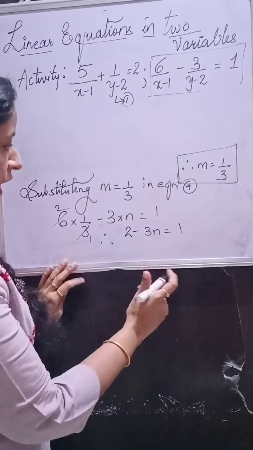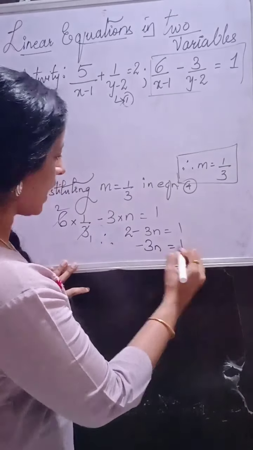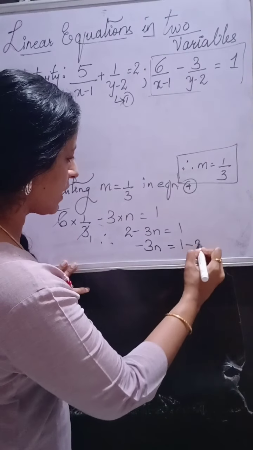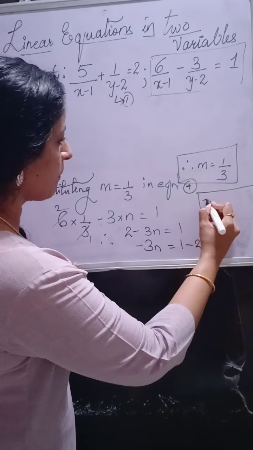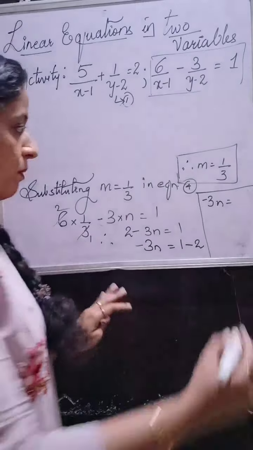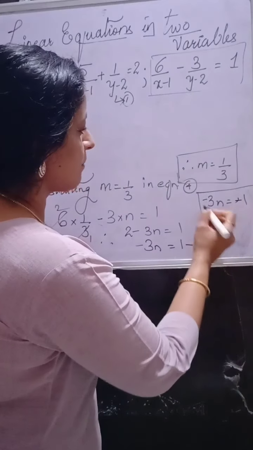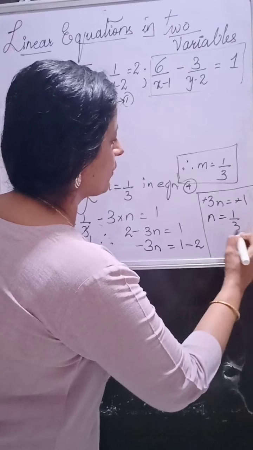Let us find out the value of n. Minus 3n I'll keep here equal to 1. 2 goes to this side, minus 2. The remaining part I'll do here. So I'm getting minus 3n is equal to 1 minus 2, which is minus 1. Minus and minus will get cancelled. So n is equal to 1 upon 3.